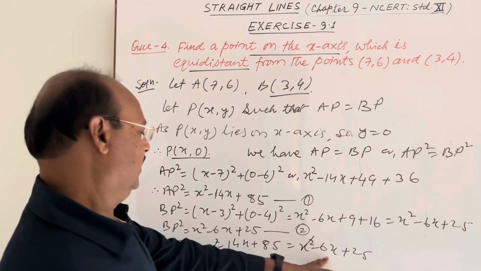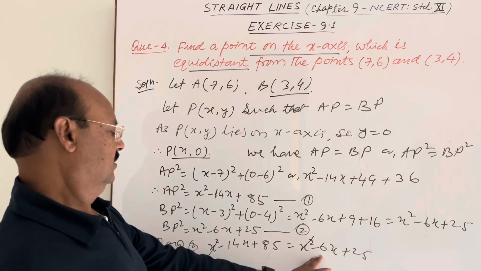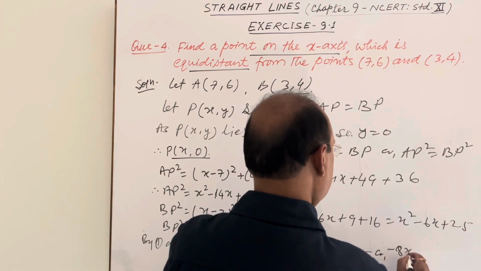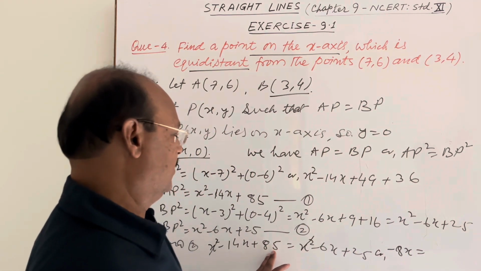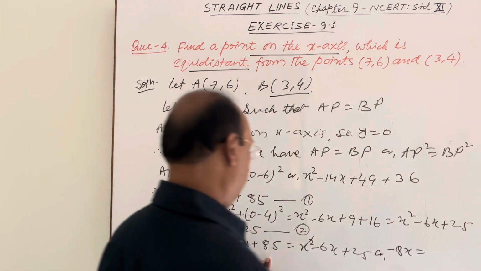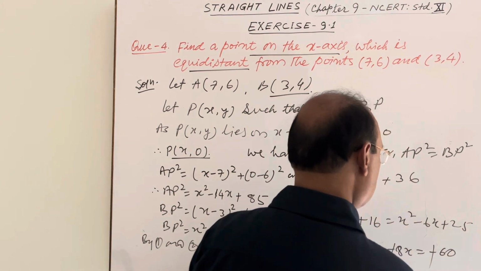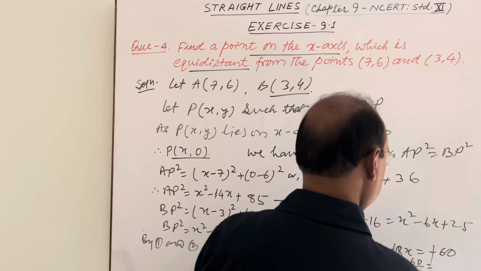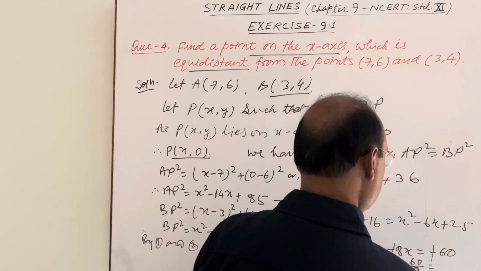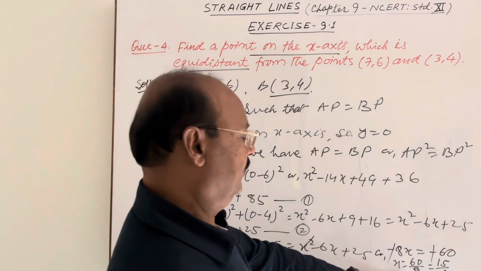If minus 6x is transposed to the left side, then minus 14x plus 6x is minus 8x. And if 85 is transposed to the right side, then minus 60. Minus will be cancelled from both sides. So x is equal to 60 by 8, and this is equal to 15 by 2. So we are getting the value of x here.